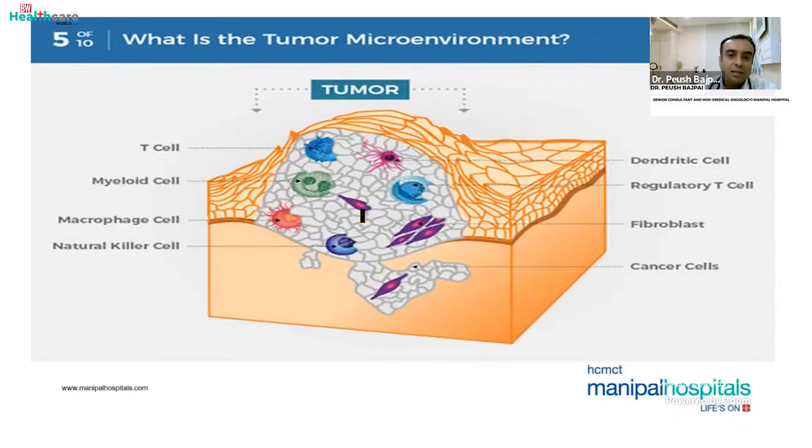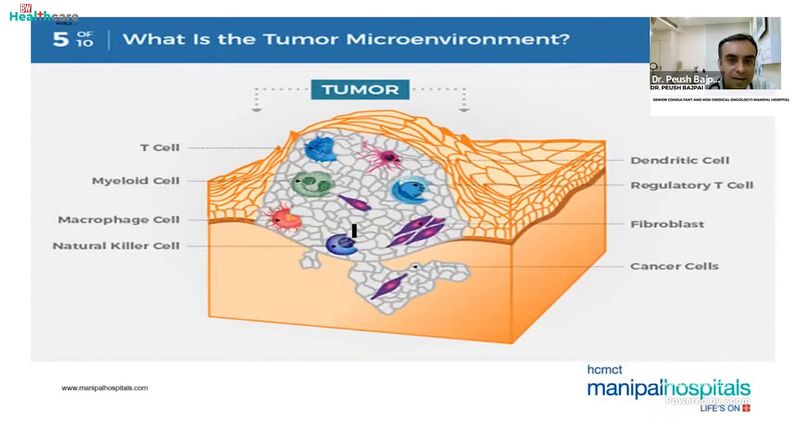And then, for the cancer cell, the body tries to inhibit these cancer cells by inciting an immune response. So there are all these white blood cells, the T cells, the macrophages, the NK killer cells, and they all try to kill the cancer cells, inhibit them, and cause apoptosis.